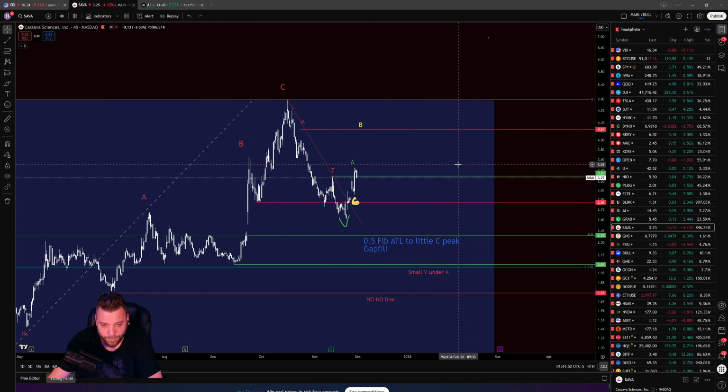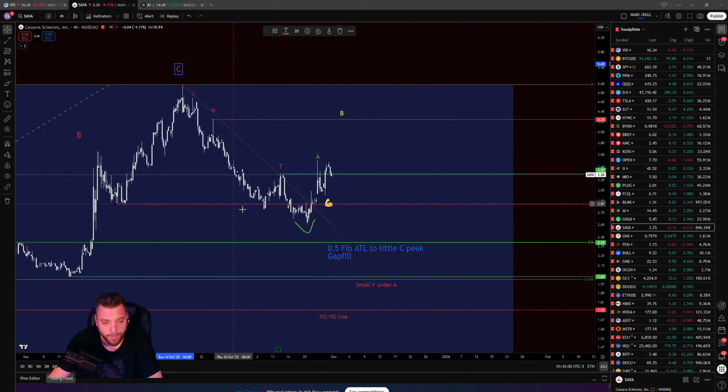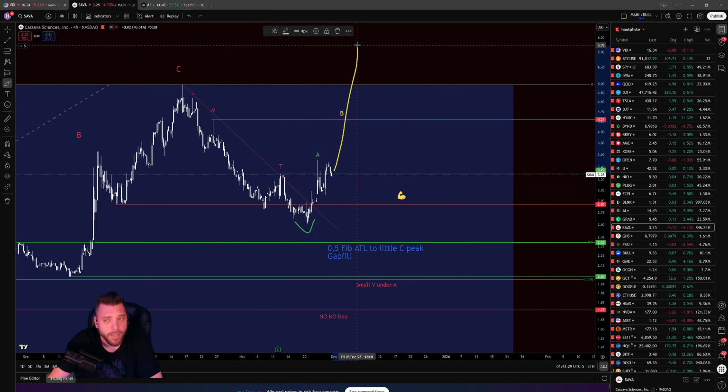You have your C, your lower peak, M, T, V, breakout. And the funny thing is, this A breakout, this little tiny A breakout, that's why I have this here. Do you see this? That's already a 0.5 pullback. So in this case, we could start ramping up.